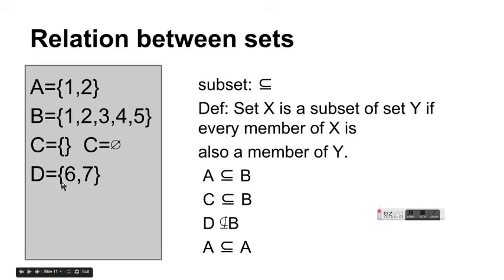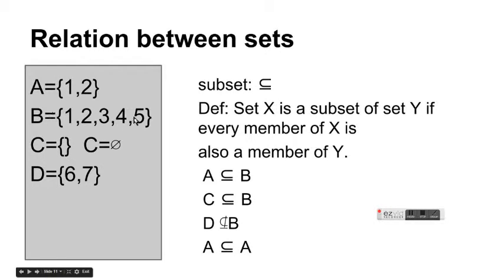And D is a set of 6 and 7. Okay. The first relationship between sets is subset. The definition of which is that set X is a subset of Y if every member of X is also a member of Y.